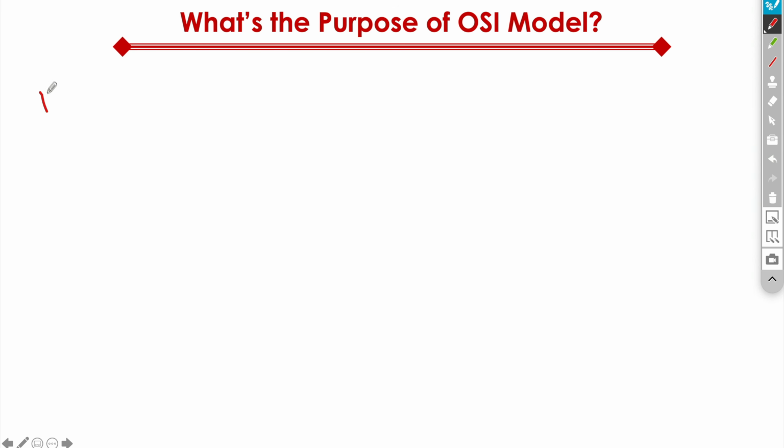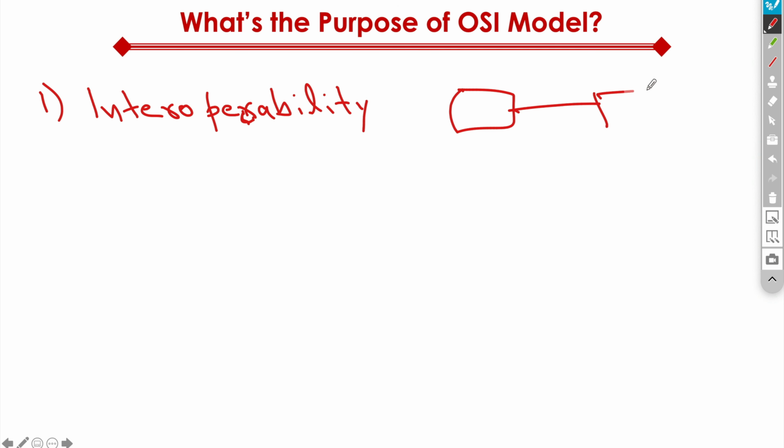Now, what's the purpose of the OSI model? For me, it's 3 things. First, interoperability. Now, that's a mouthful, but what does that mean? That means if I take a Cisco switch and connect it to an Arista switch, when they're connected together, they need to be able to talk to each other.